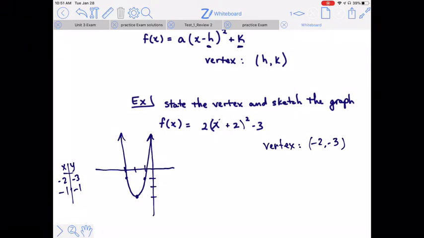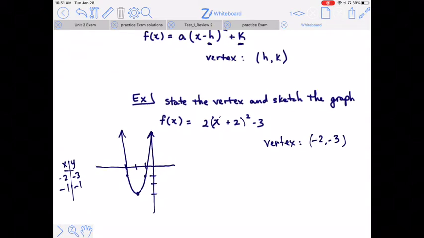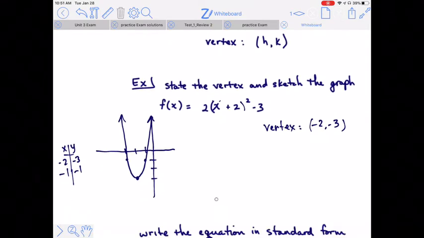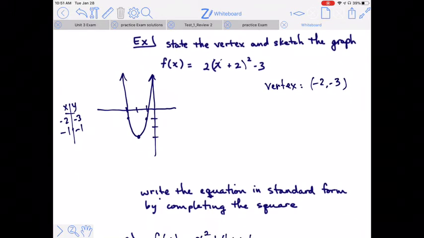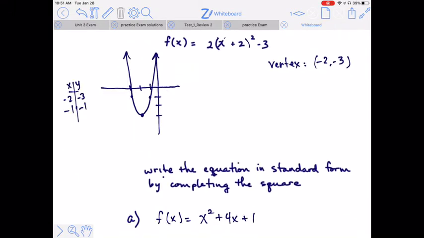So when the quadratic function's equation is given in standard form, stating the vertex is pretty easy, and then it makes it easy to sketch the graph. Now, if the equation is in general form, like this one, f of x equals x squared plus 4x plus 1, then stating the vertex can be done one of two ways.